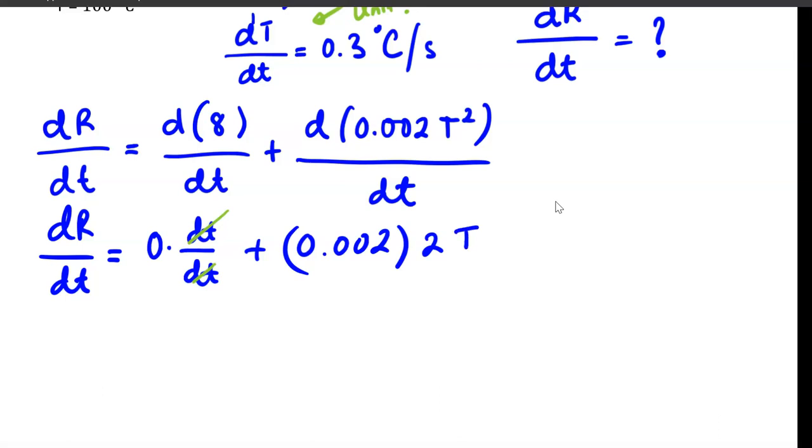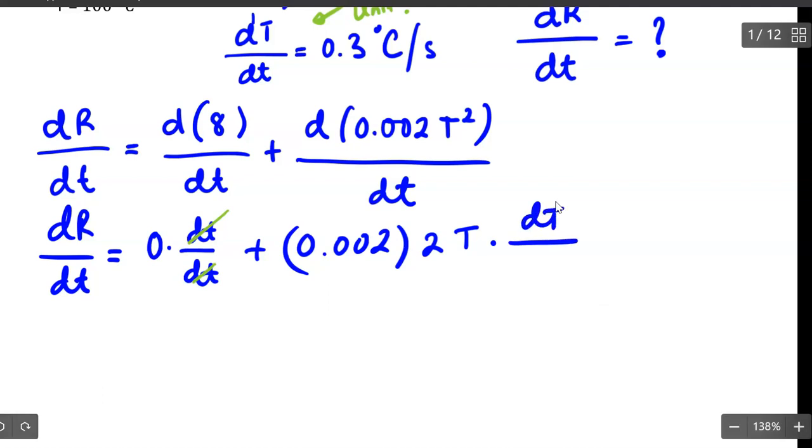T to the exponent 1, but I must multiply this by the derivative of temperature with respect to time. So this is when this rate comes into your equation when you calculated it. So this rate right here, you don't want to miss that. It will go in here when you calculated it.